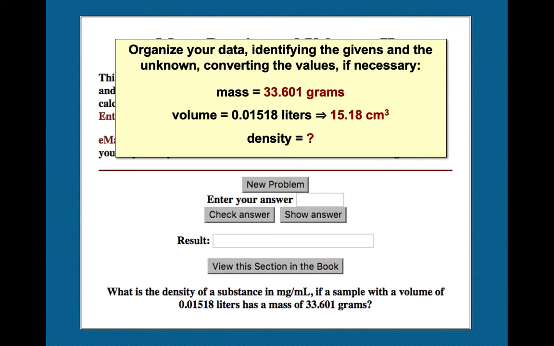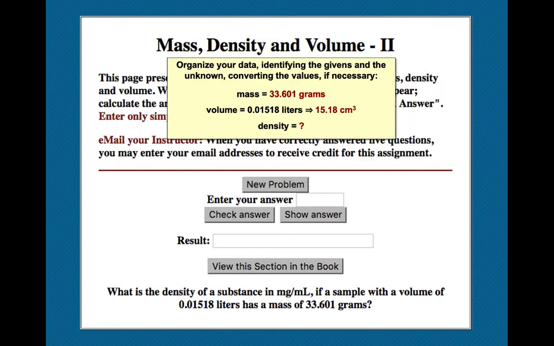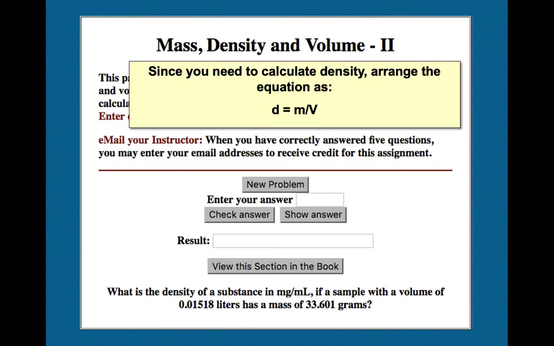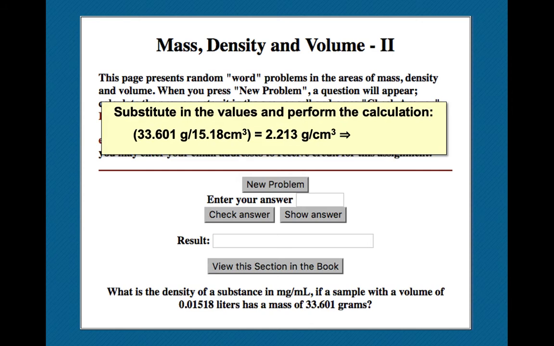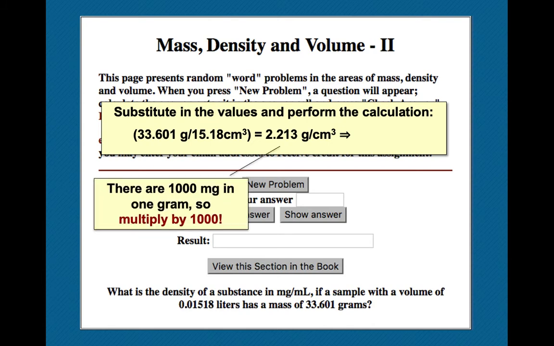Looking for density, simply divide mass by volume. Mass divided by volume is our density, but we want it in milligrams per mil. So we have to multiply this by 1,000. 2213.